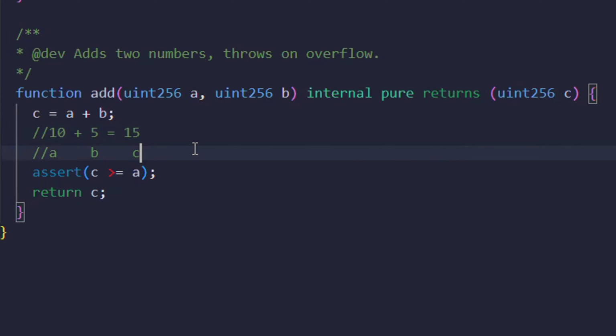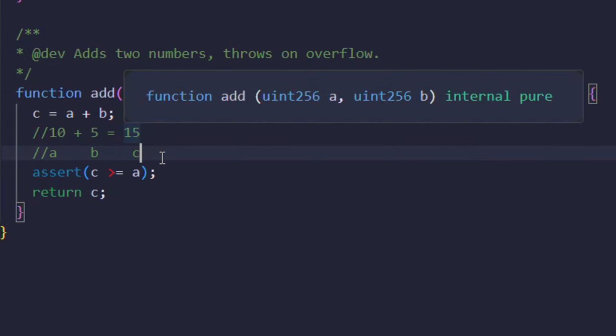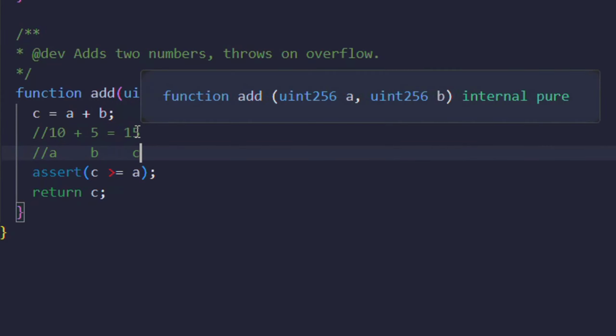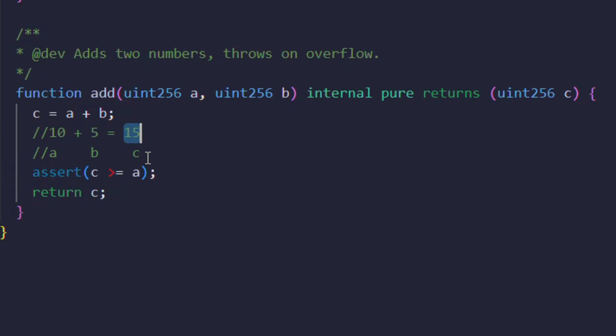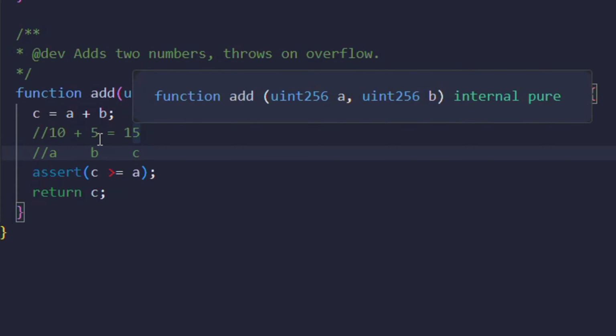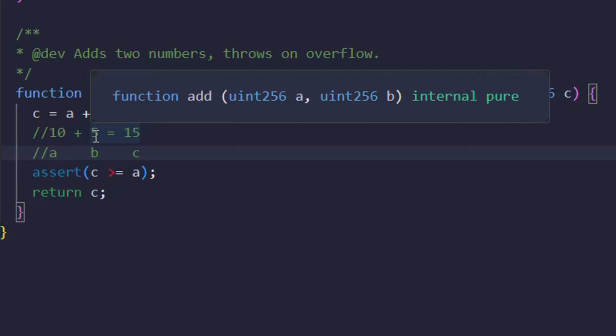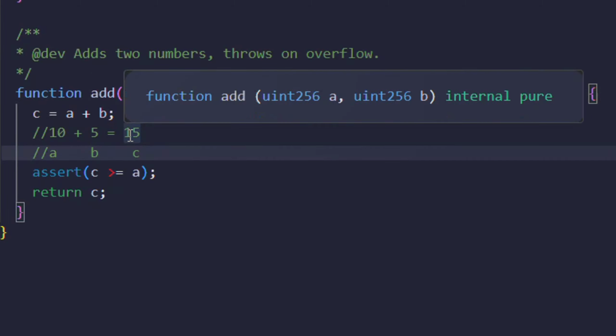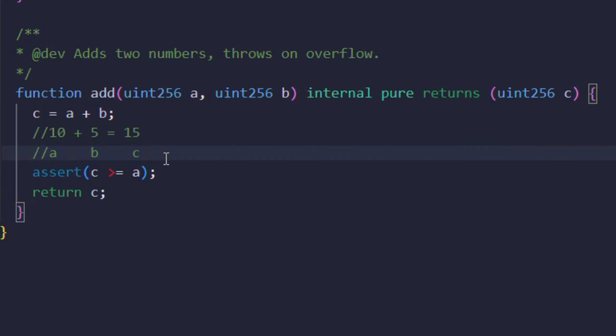So if you are getting a value c that is less than 10 or 5, there must be a problem. Either there's an overflow or an underflow. So your c, your 15, the sum of both numbers, must be greater than both a and b.